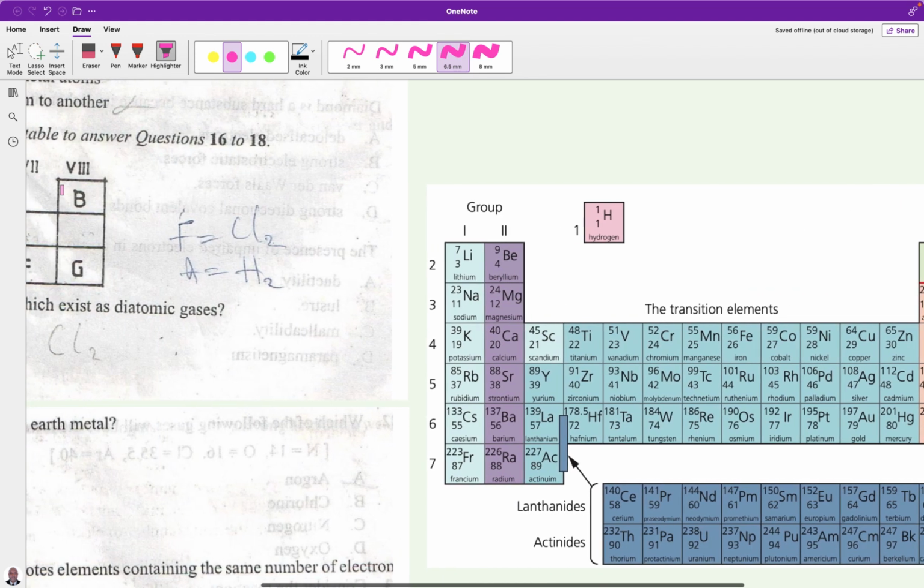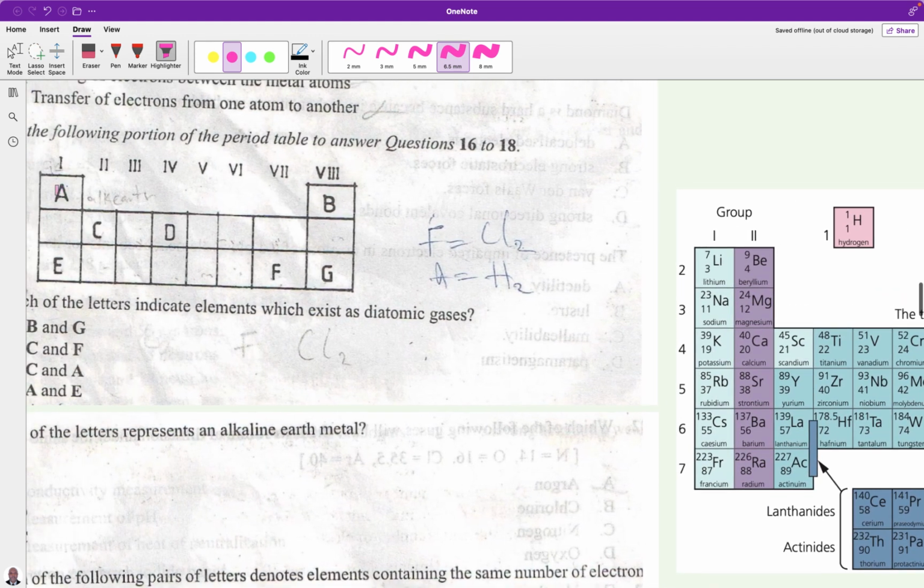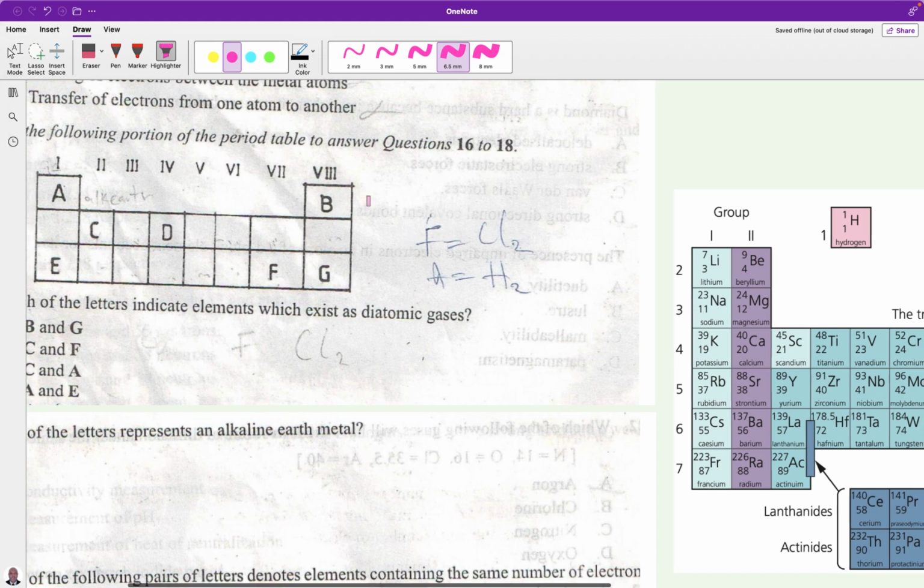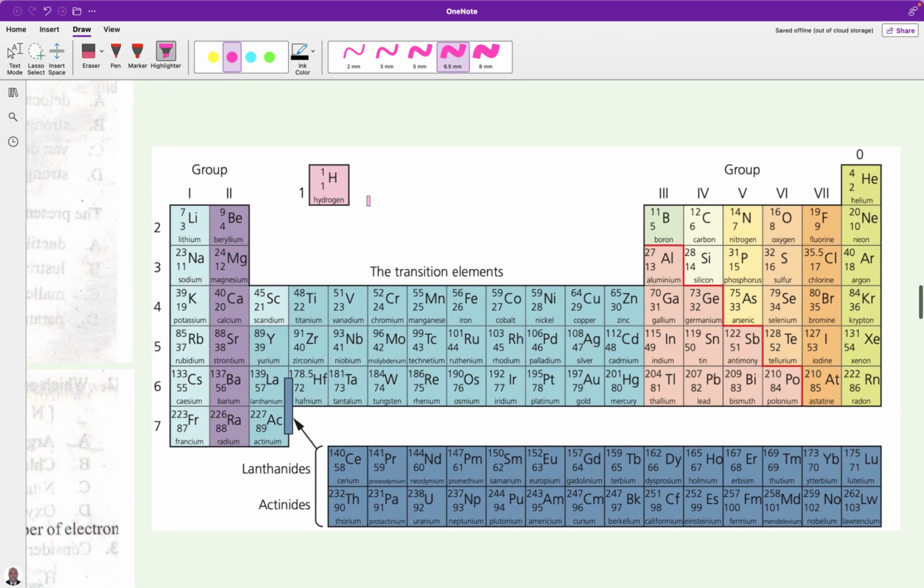But here, A belongs to group 1. So A cannot be hydrogen, and A and B cannot be in period 1. So the only period that is feasible on that portion of the periodic table is period 2.